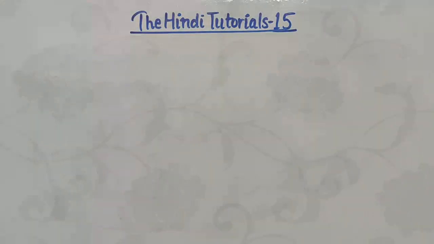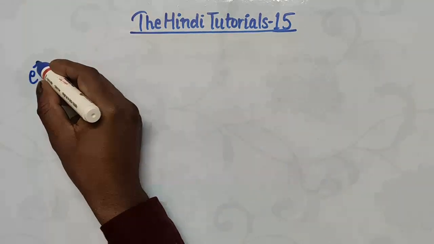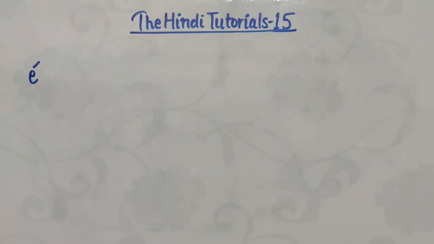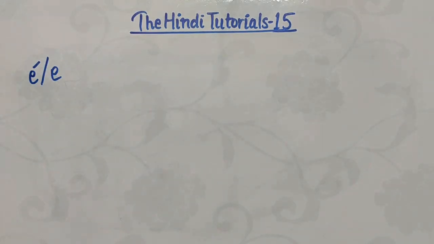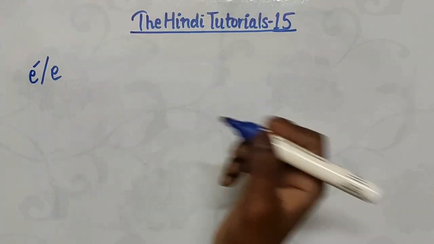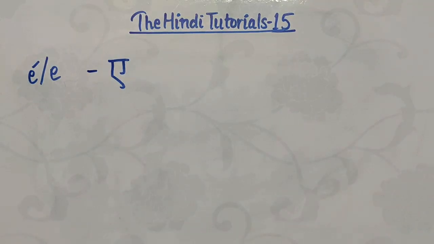Now let's write the next vowel, which is e. I won't always write it with the accent mark, so even if I write an E, you have to understand that it means the e sound.